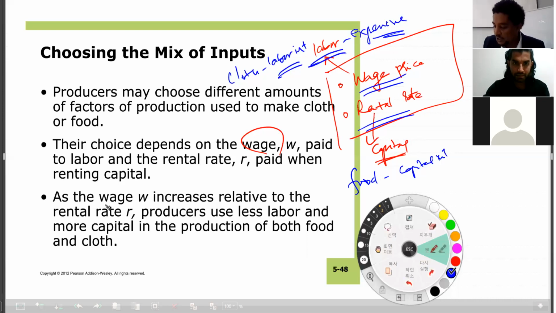So as the wage increases relative to the rental, producers will use less labor, because labor is expensive now, and more capital. And if the rental rate is high, and since food production is capital intensive, now they will use less capital and more labor, right?